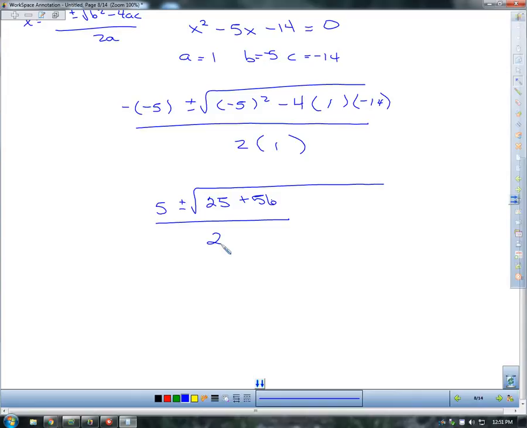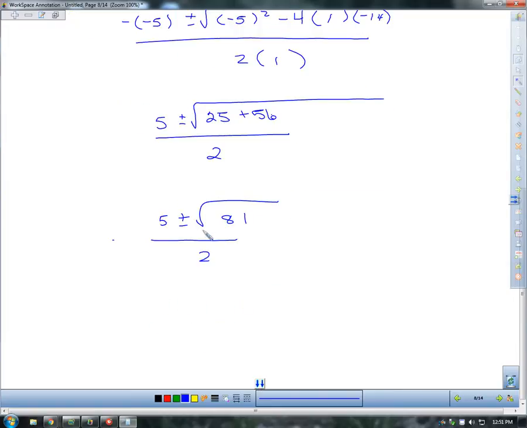Okay? So usually what I'll do next is add these two numbers. So I have 5 plus or minus still, the square root of 81 over 2. Well, guess what? We're in luck. 81 is a perfect square, so I'll go ahead and take the square root of 81. So I get 5 plus or minus 9 over 2.